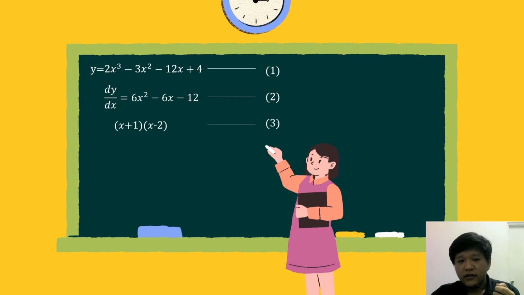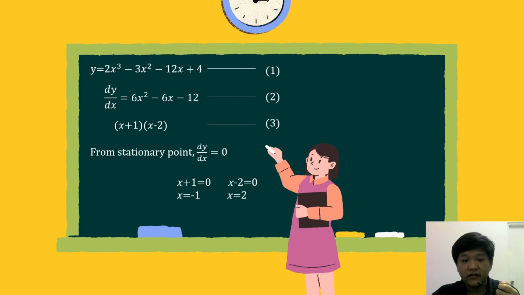So this equation we factorize using the calculator, and we can get (x plus 1)(x minus 2). So for the stationary point, which is dy/dx equals 0, we can write x plus 1 equals 0 and also x minus 2 equals 0.